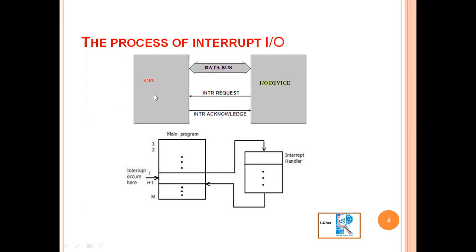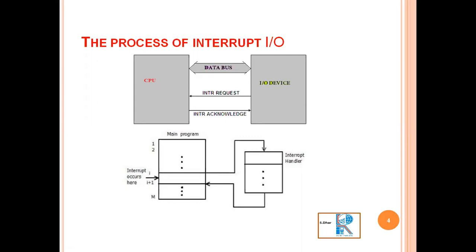Now when the CPU is ready to service the IO device, it will send the interrupt acknowledgement signal. What is the requirement of interrupt acknowledgement? Using that signal, the CPU will find out which IO device requires the service, because there may be more than one IO device.